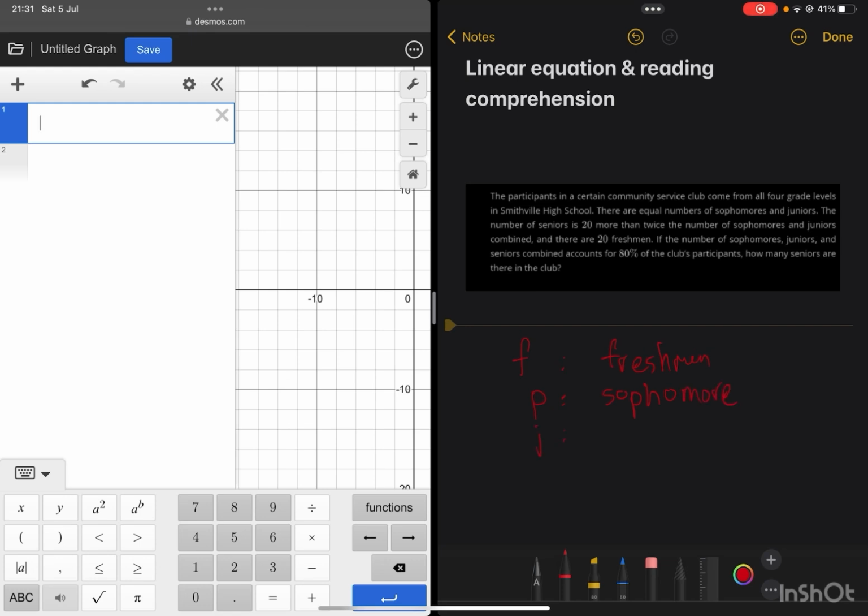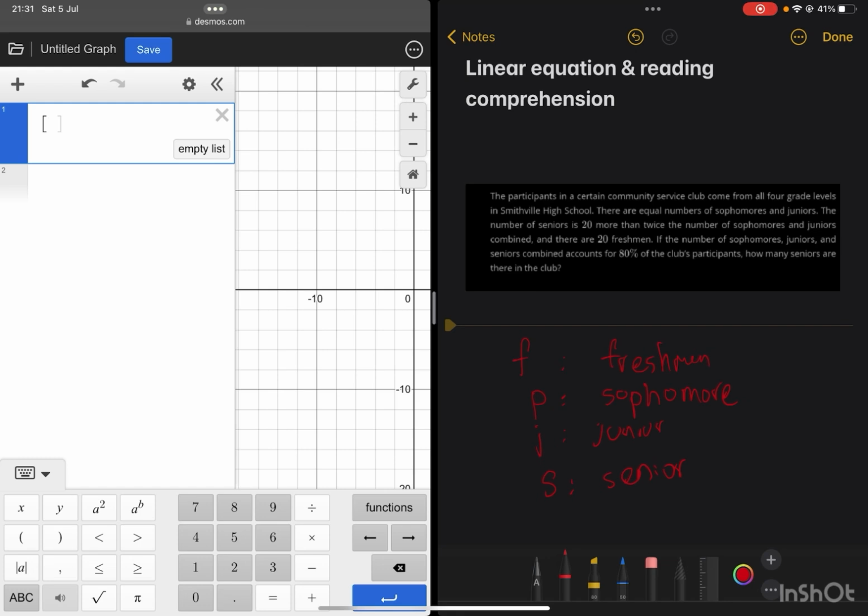J is for our juniors, and S finally for our seniors. Now in Desmos, what do we have to do? We're gonna put two of the values corresponding to each other.